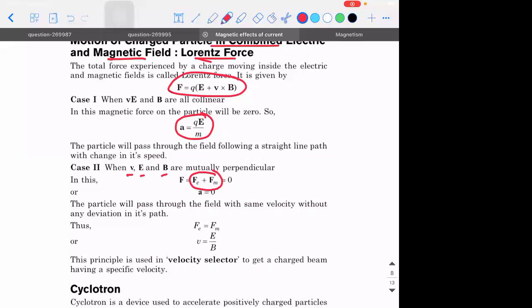Then the particle passing through such a field will travel with the same velocity without any deviation in its path. This principle is called the velocity selector. I hope you guys remember this. So v is equal to E divided by B is the velocity with which the particle will move in combined electric and magnetic fields which are mutually perpendicular to each other.